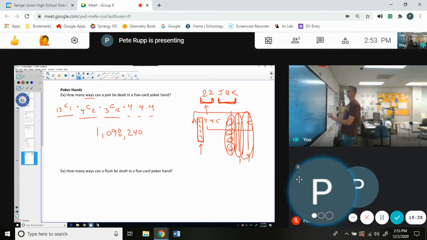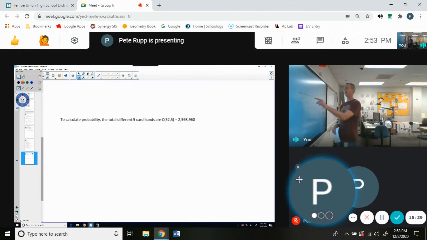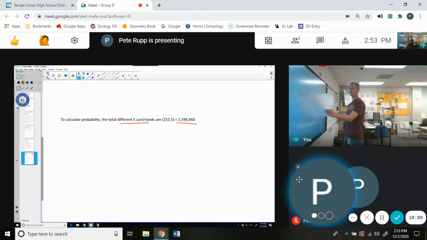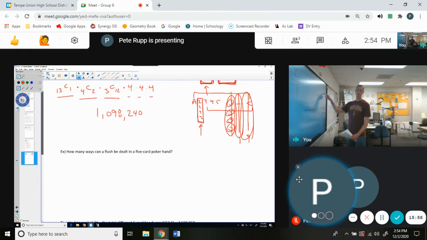This is actually written at the bottom of this slide, but I'm just going to say it now. To calculate the probability of 5 different cards, how many total hands are there? There are about 2.6 million. So that's why a pair is such a weak hand in poker: out of the 2.6 million different hands, you get a pair over a million times.